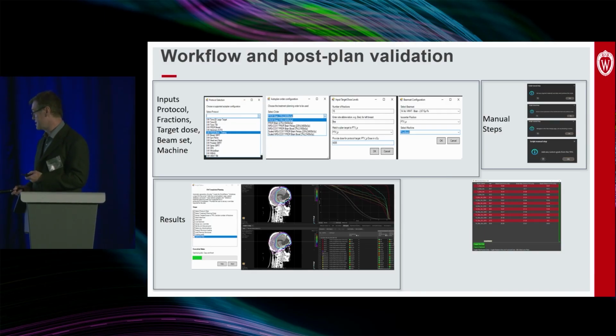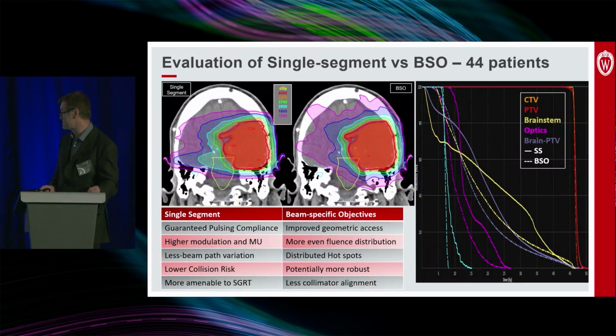So that's one of the nice things about RayStation, the whole process is scriptable. And in fact, we use the same code on our head and neck and spine SBRT and whole brain hippocampal avoidance, and anything that you can think of that you can template, we can do the same way.